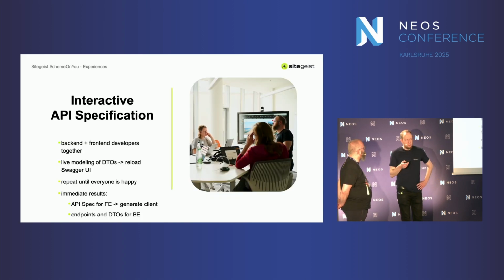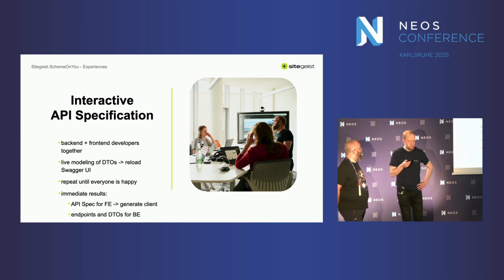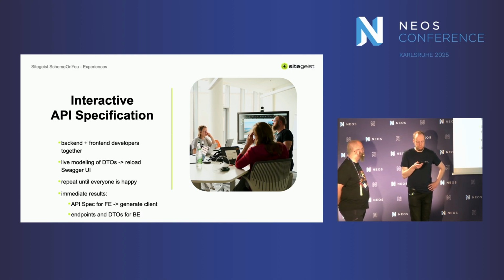Then what I already mentioned, we can have some kind of workshop format where you sit together with at least front-end and back-end developers. You can discuss the API specification, then you just write a line of PHP code to adjust some object or create a new one, reload the whole Swagger UI, and you already see the results, easily understandable for everyone, even if they don't usually read PHP.